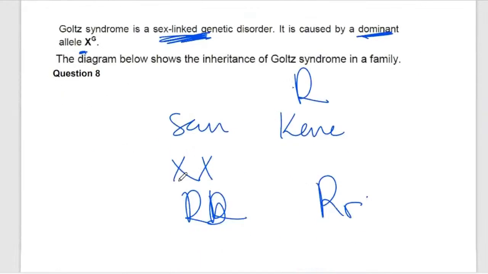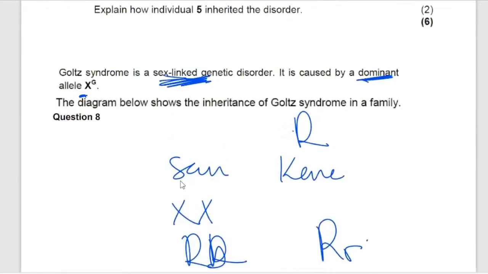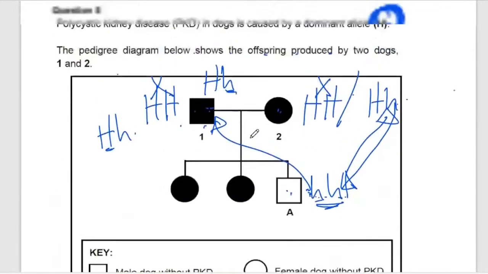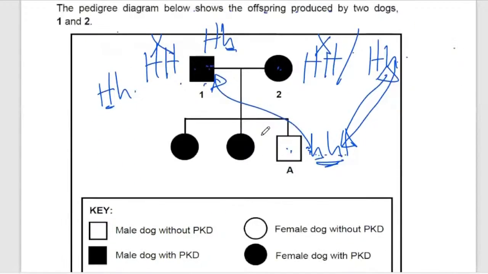Even here they said it is sex-linked, and they gave you what to use, that is carried on the X chromosome. So this situation is caused by a dominant allele, but it can be caused by a recessive allele.